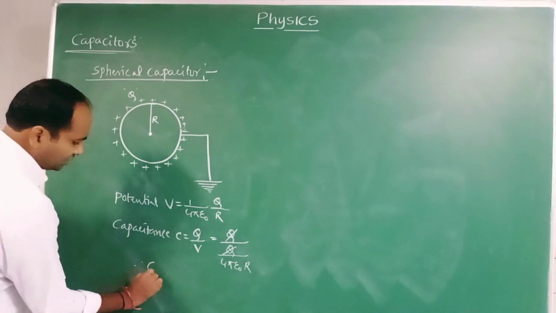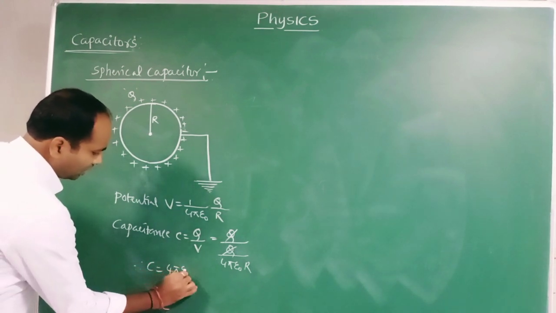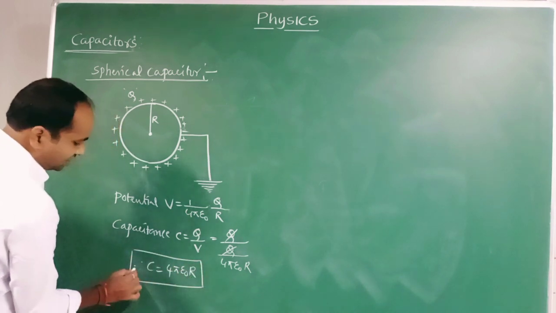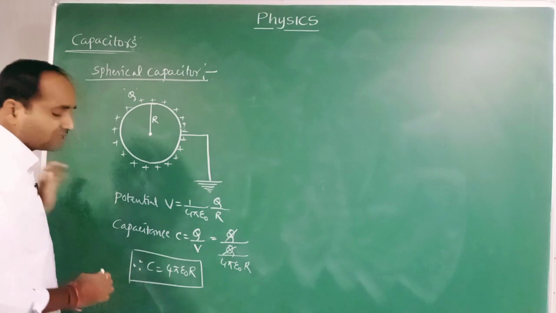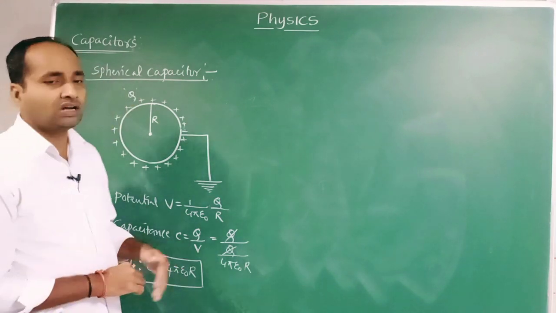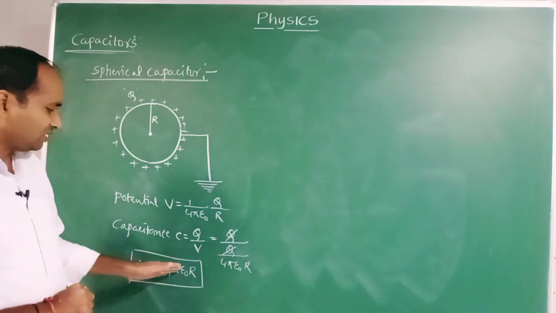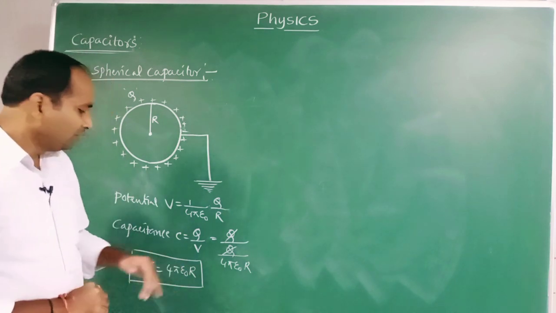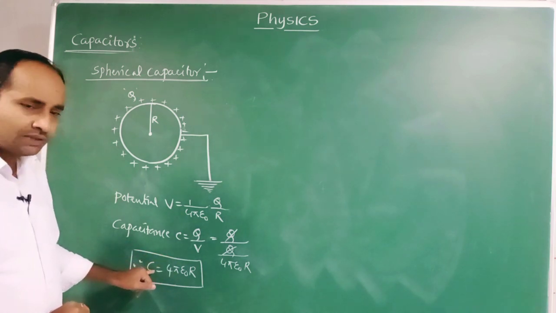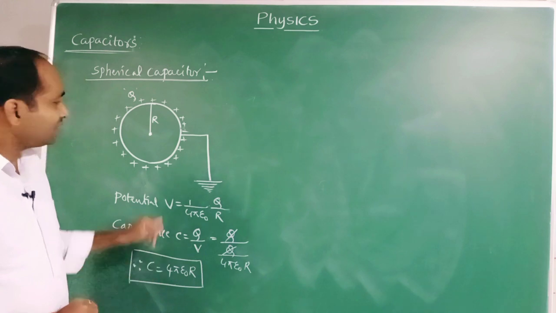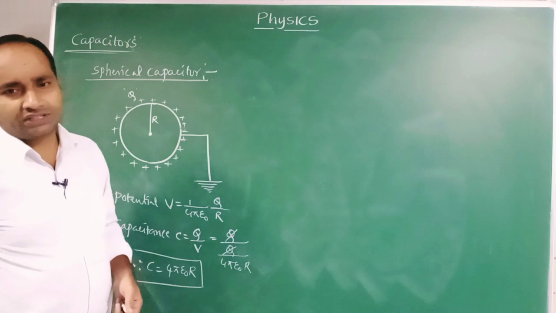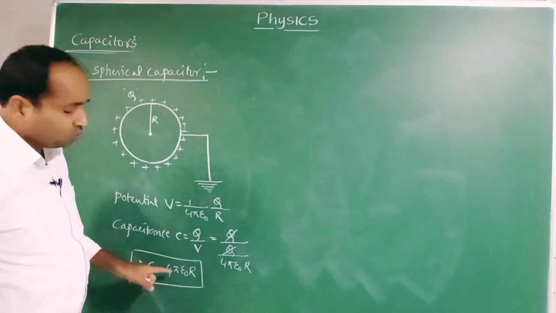Therefore C is equal to 4 pi epsilon naught R. So the capacitance of the spherical capacitor is C equals 4 pi epsilon naught R. It does not depend upon its charge, isn't it? There is no Q here.